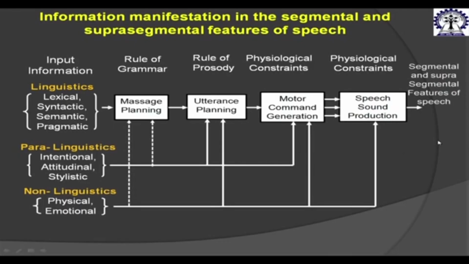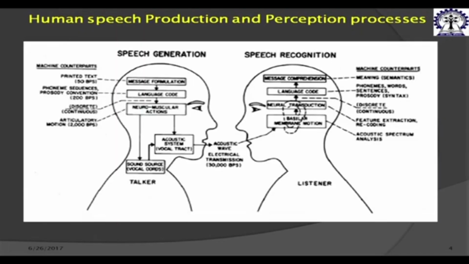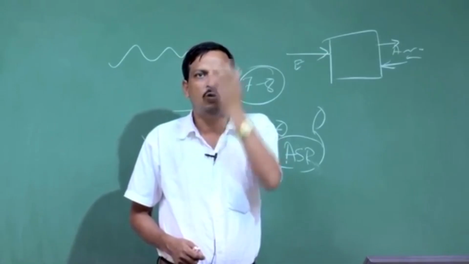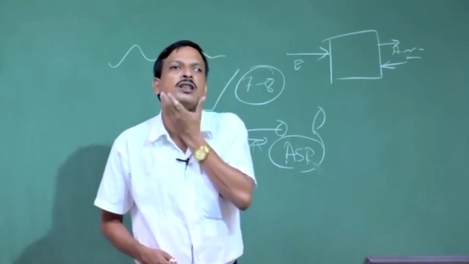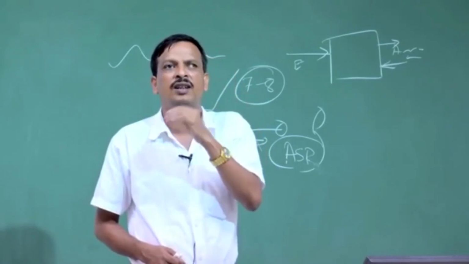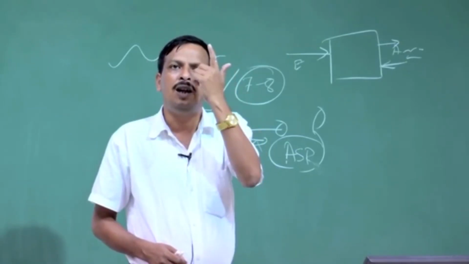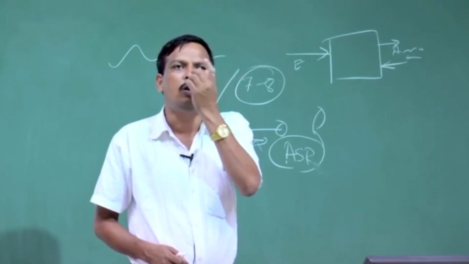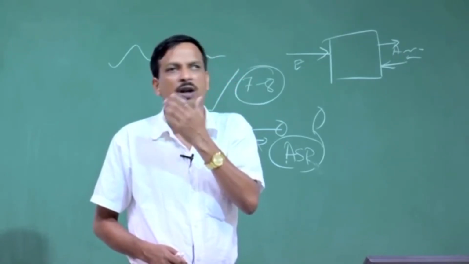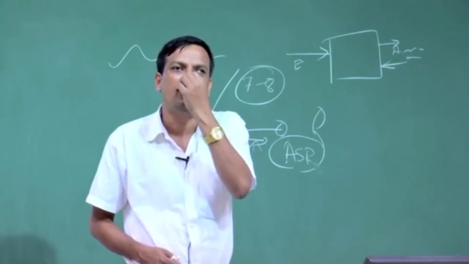Once the speech is produced, it is radiated either from the mouth or from the nose. Once I have produced the sound using the vocal cord, there is a velum inside, the details of which I will discuss, and the velum will be either closed or open. If the velum is closed, some part of the sound will come to the nasal cavity, and if the oral cavity is completely closed, it will come to the nasal cavity.